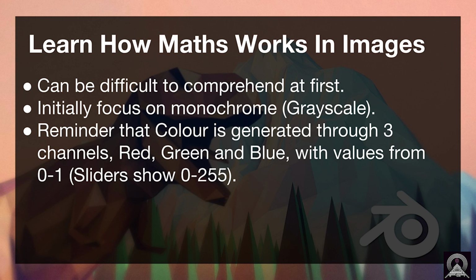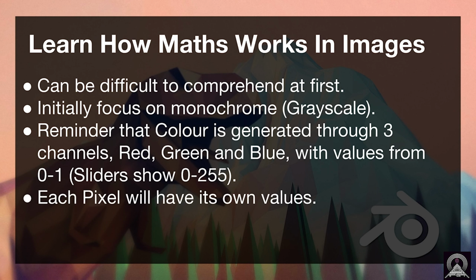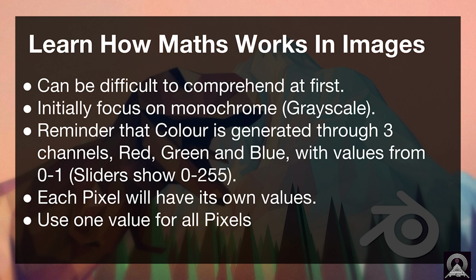If they all have a value of 1 or 100%, or if the slider goes up to 255, then you will have a white image, and anything in between where all the values are the same for red, green, and blue, you'll end up with some shade of grey. Now, each pixel on an image will have its own values. However, to keep things simple, we will have one value for all the pixels of our image.